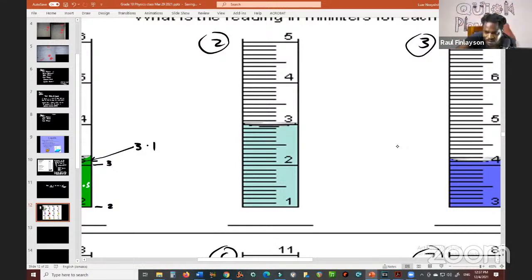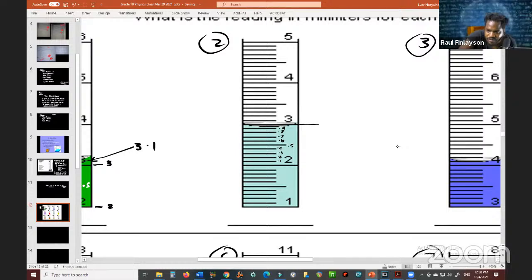Okay, so let's see how this one works. 2 is here. 3. This seems to be on the third line. Let's count that one. It's 0.1, 0.2, 0.3, 0.4, 0.5, right? 0.6, 0.7, 0.8, 0.9. Where is the surface of the liquid?